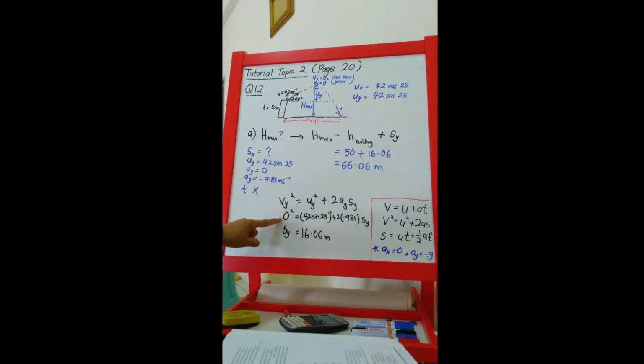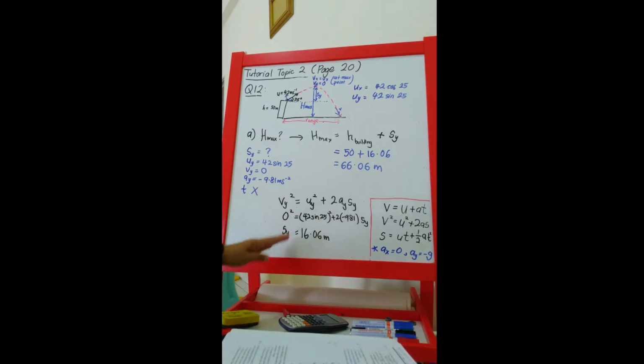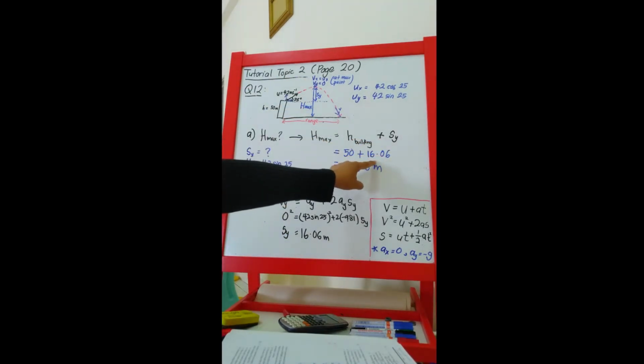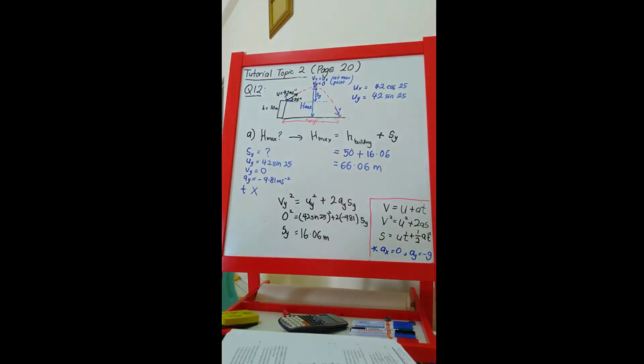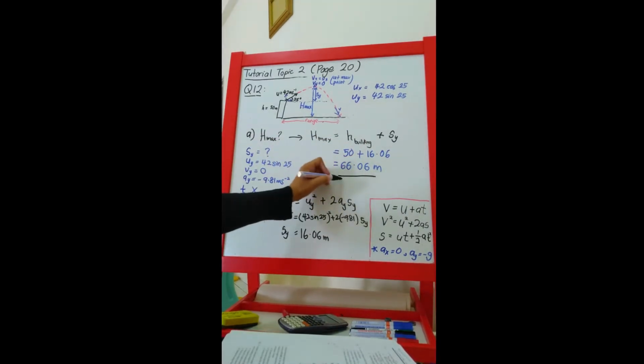So you have vy equals 0, uy is this one, ay is negative 9.81, sy is what we're going to find. Rearranging, you get sy equals 16.06 meters. But this is not the end, because it asks you to find the maximum height. Therefore, you need to add sy to the height of the building, and you get the answer 66.06 meters.